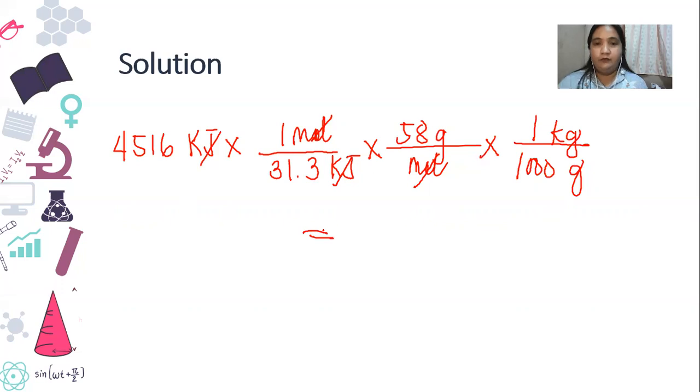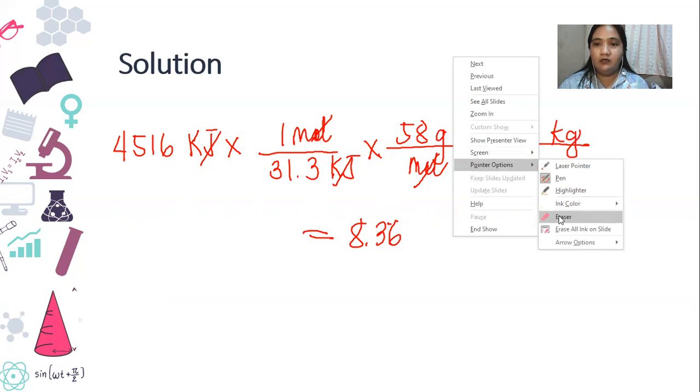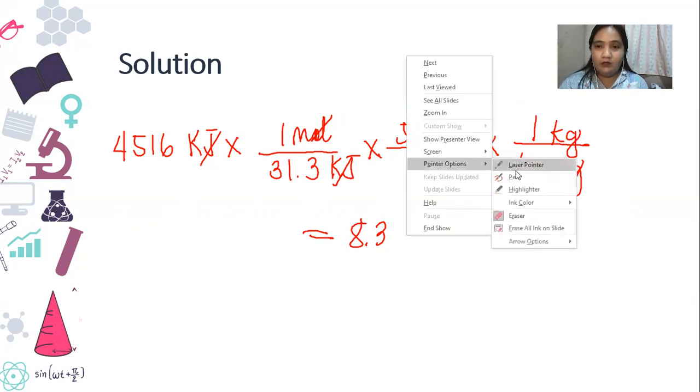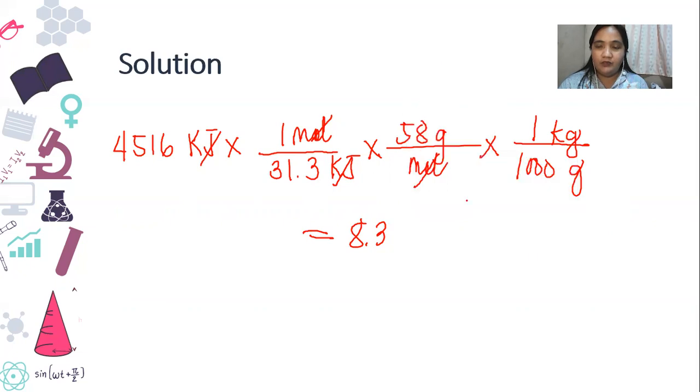We're getting 8.37. Let me raise that. So I'm getting 8.368. As I've said also during our group chats or previous classes, I wanted to round off to the nearest 2 decimal places. So this is 8.37 kilograms. So this is the mass.